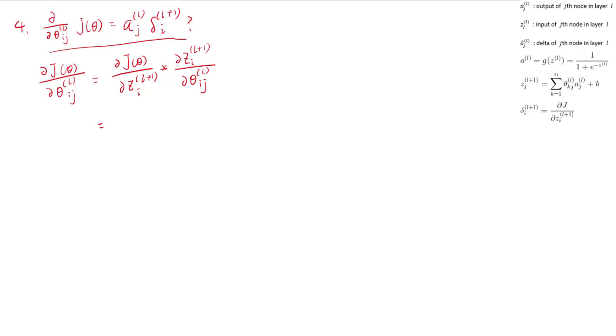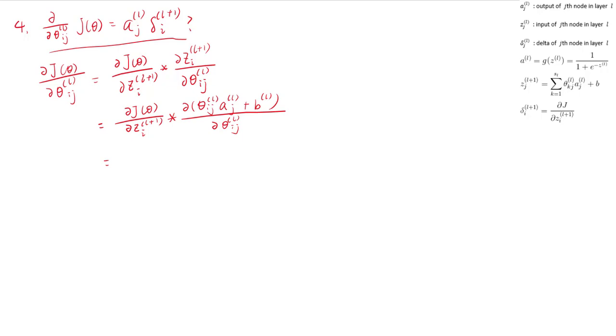This can further be written as partial J over partial z i l plus 1, keeping the first term unchanged, but making the second term a little clearer: theta ij l times a l j plus b l, which is the bias term again, over partial theta lij.